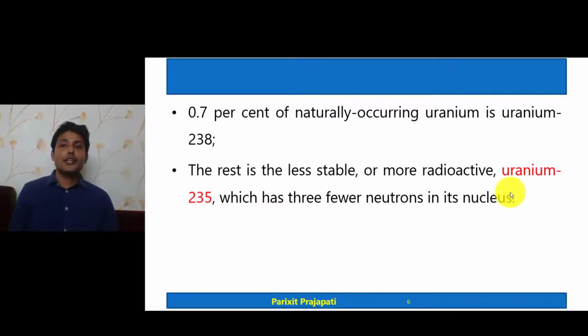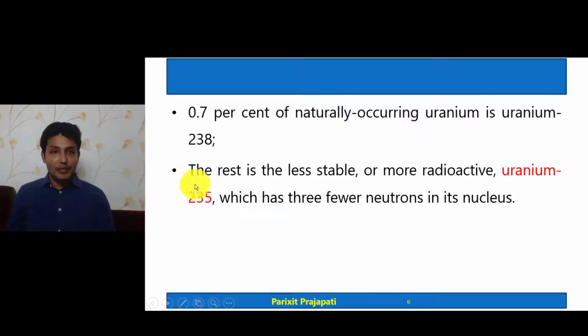For example, uranium. Only 0.7% of naturally occurring uranium is uranium-235, while the rest, uranium-238, is more stable.